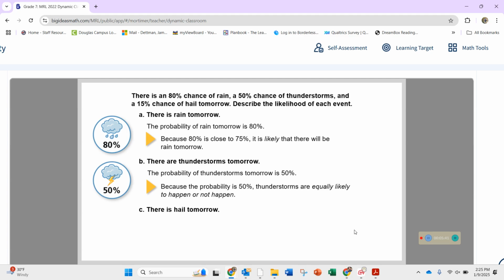That's not protecting me very well from a thunderstorm, even hail. So if I'm not inside somewhere having this party, we're going to be in trouble, because the probability is 50%. Thunderstorms are equally likely to happen or not happen, but that's pretty high, especially when we know it's really likely it's going to rain, so there's an 80% chance.